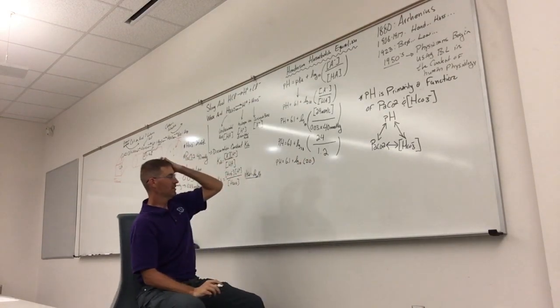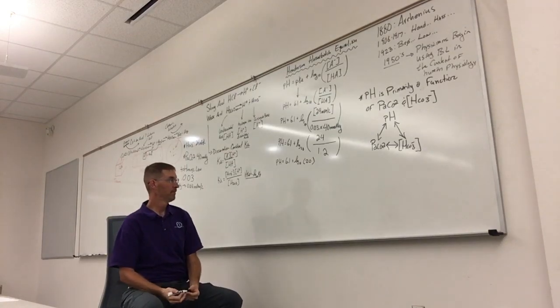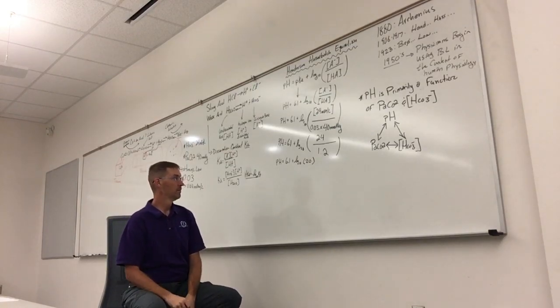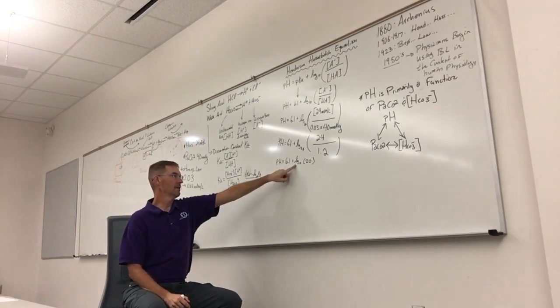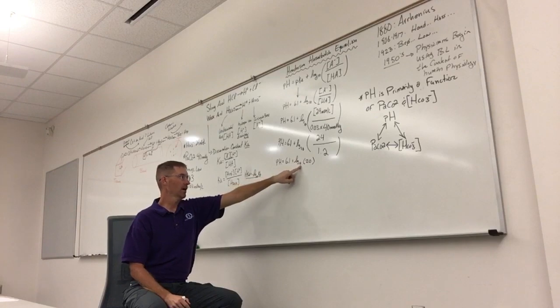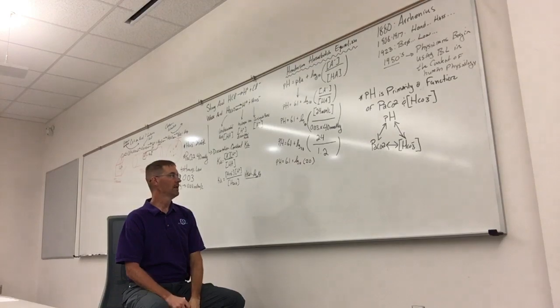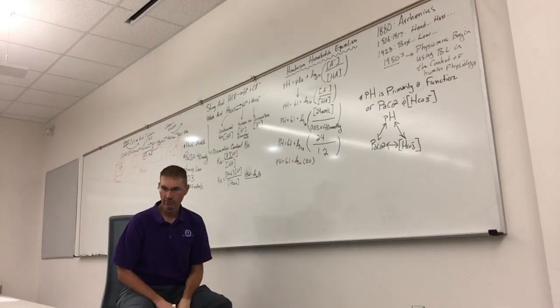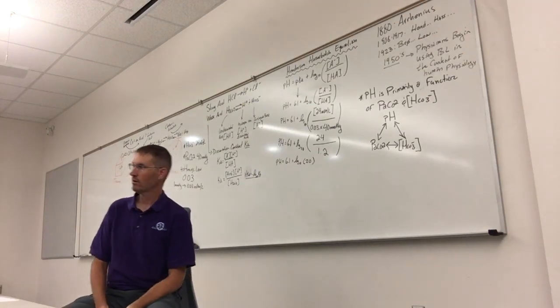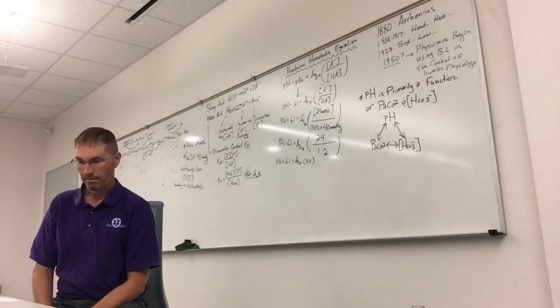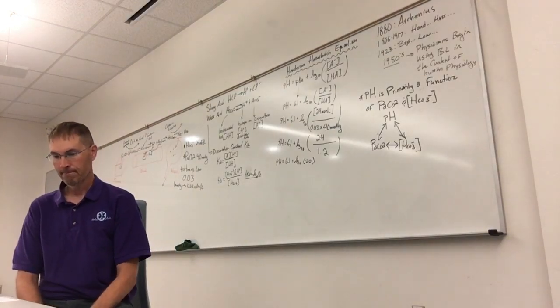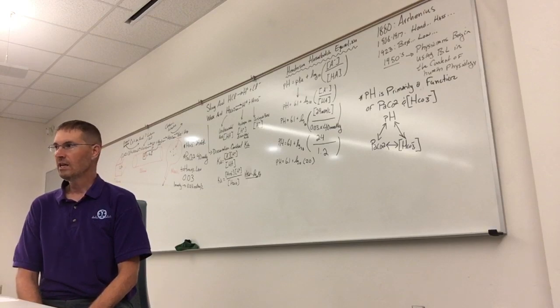All right, so what gets done next? Log base 10 times 20. So I need to take the log, I don't multiply it, I take the log of 20, right? So what is the log base 10 of 20? Do you guys know how to do that on your calculator? Generally it's going to be like 20 log 10.